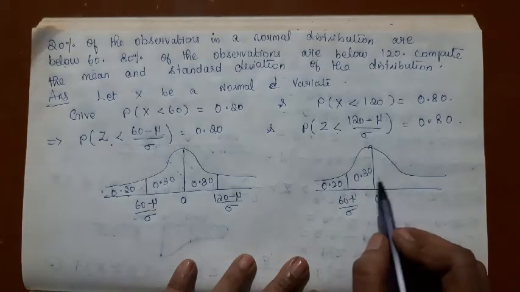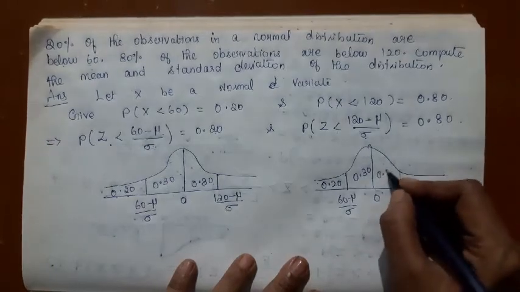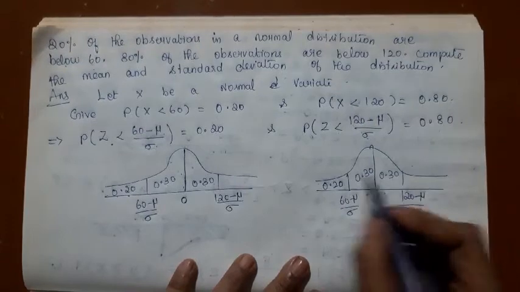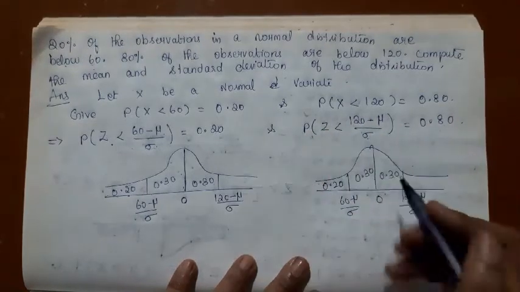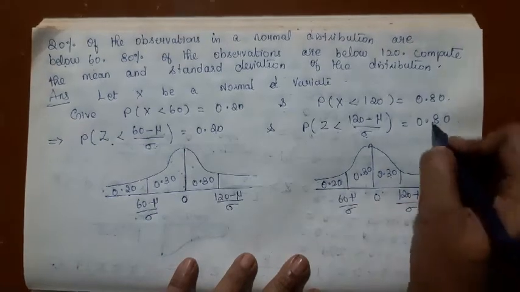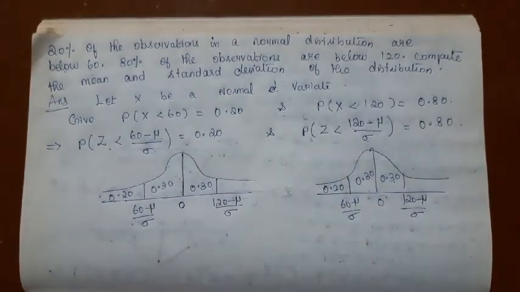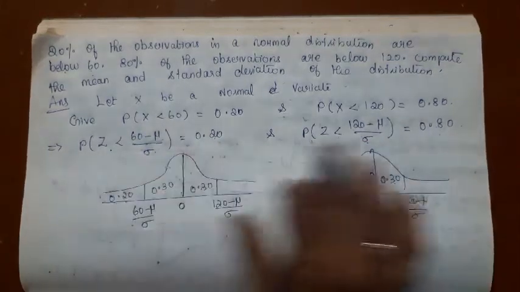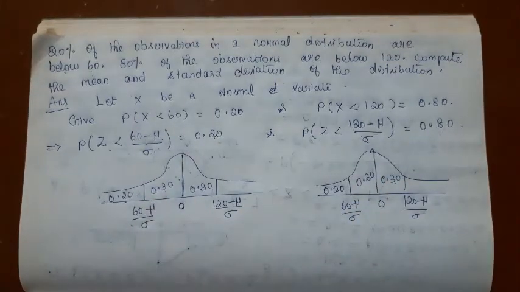So go beyond this, have 0.30, and you will get (120 minus mu) by sigma. So the probability of z less than (120 minus mu) by sigma is 0.3 plus 0.3 plus 0.2, that is 0.8. Yes, fine. Now, after drawing this graph, you need not go back to the given information. From this graph, you are going to proceed.